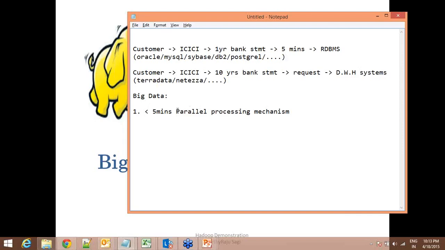Again guys, when I say parallel processing mechanism, this is not something newly invented in big data. This architecture was implemented by Google in the 2000s, around 2002, 2003. Later, many companies adopted that core principle in their products, tools, technologies and applications.